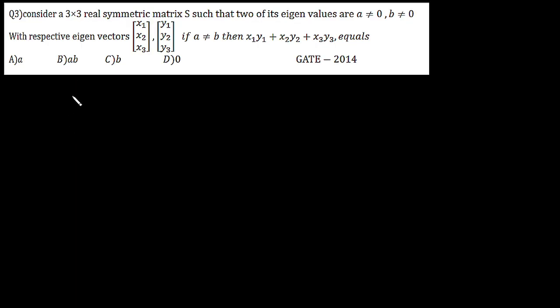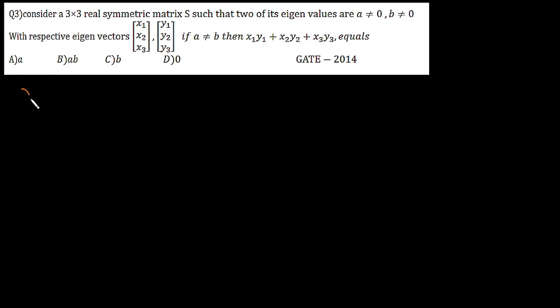Okay, now let's solve question number 3. Question 3 says consider a 3 cross 3 real symmetric matrix S such that two of its eigenvalues are A, where A does not equal 0, and B, which also has a non-zero value, with respective eigenvectors.